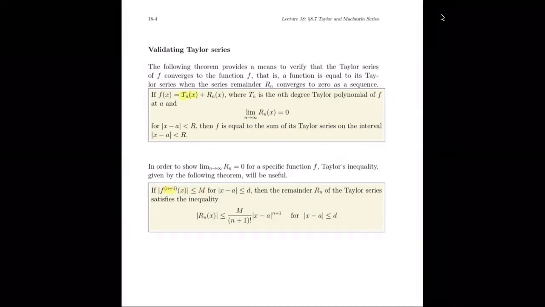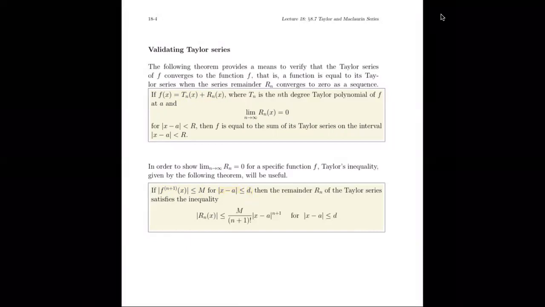That's good to know. But if we can bound the n plus first derivative of f by some value M, then what follows below will be very useful. And again, this is for some x values within a distance d of a. So in other words, within some interval of convergence for our power series.